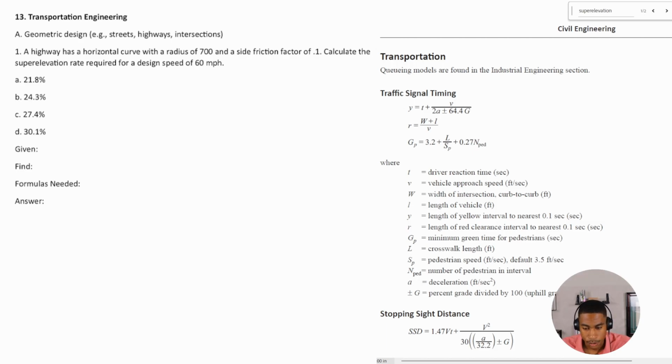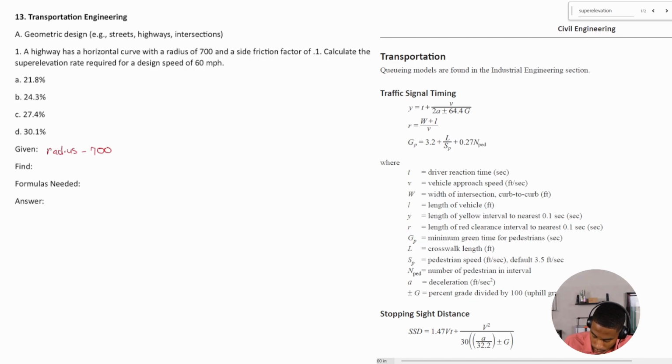So how do we attack each problem? Well, we first have to decide what we're given. We are given the radius, which is 700.